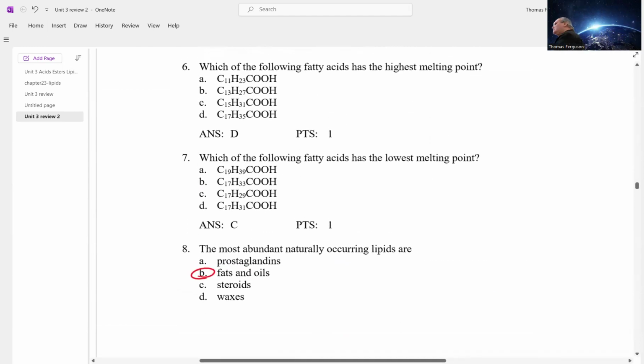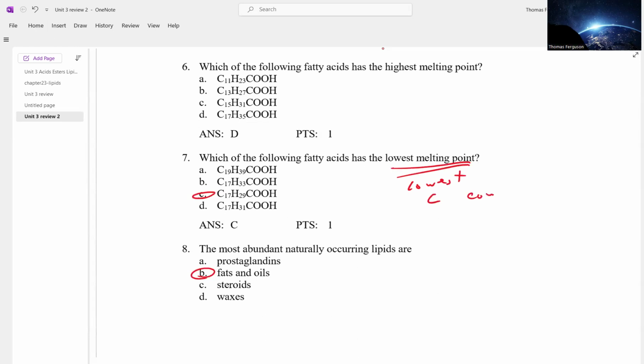Okay, so the lowest number of carbons is going to have the lowest melting point. So we just look at the carbon counts, which has got the lowest. So we have 39, 33, 29, 31. So that's why it's C. Now, if you throw double bonds in there, things change.